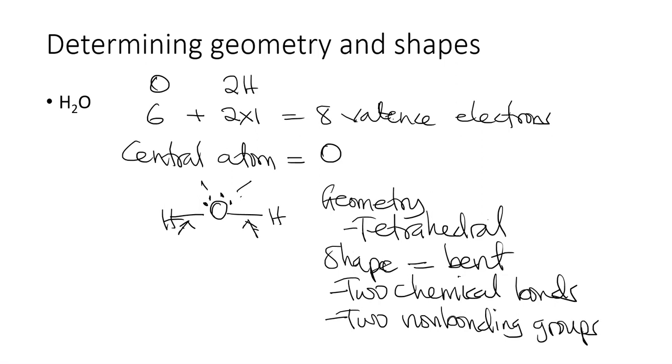So what we are saying is we are going to have something like this, all bent like this, and then the 4 electrons up there, or 2 pairs up there.